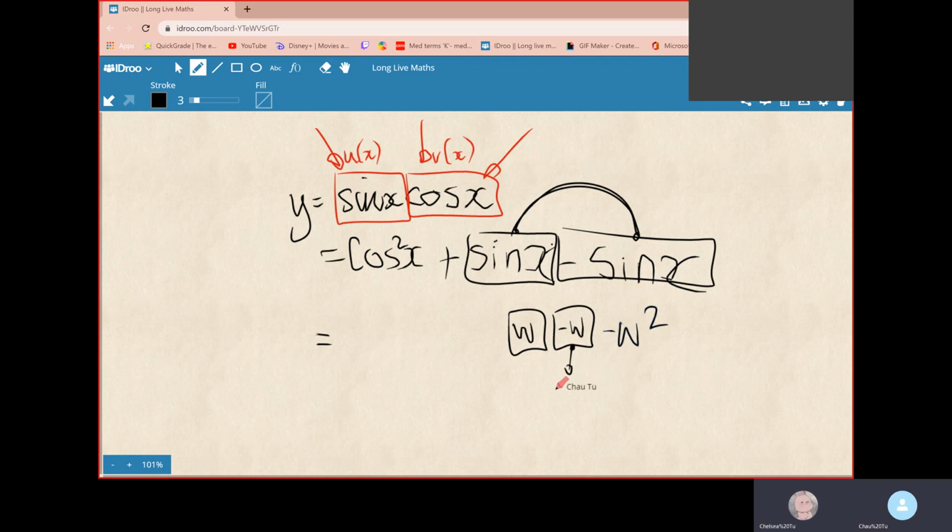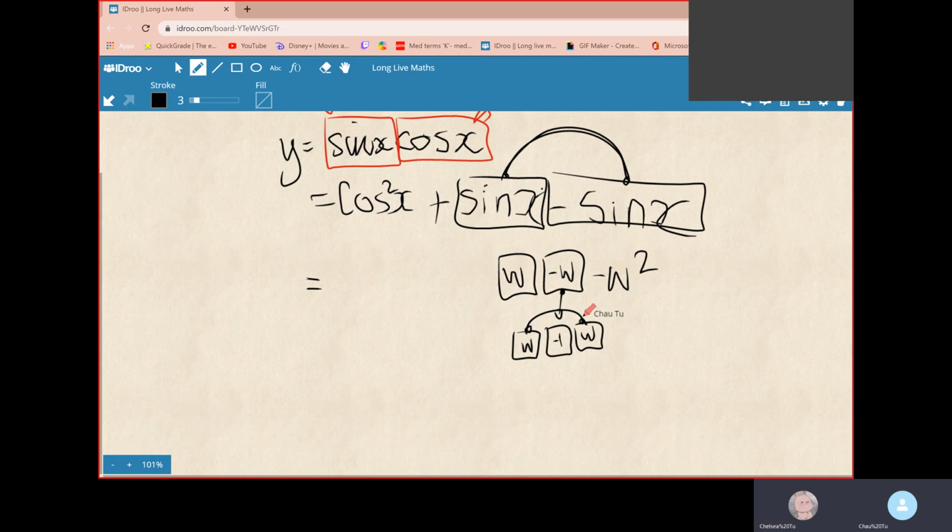Yeah, because I would imagine the negative W as being -1 times a W. And then you've got a block of W here, Chelsea. Merge these two together. Can you see that, Chelsea? Wait, let me think.